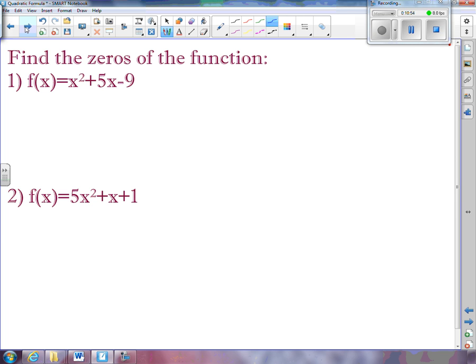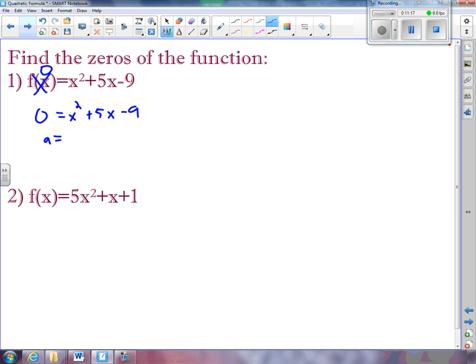So now let's talk about how to find the zeros of a function. So finding the zeros of the function is really the same exact thing that we've just been doing. All it means is find where this function equals 0. So here I have 0 equals x squared plus 5x minus 9. So once again, you're just identifying the a, the b, and the c.